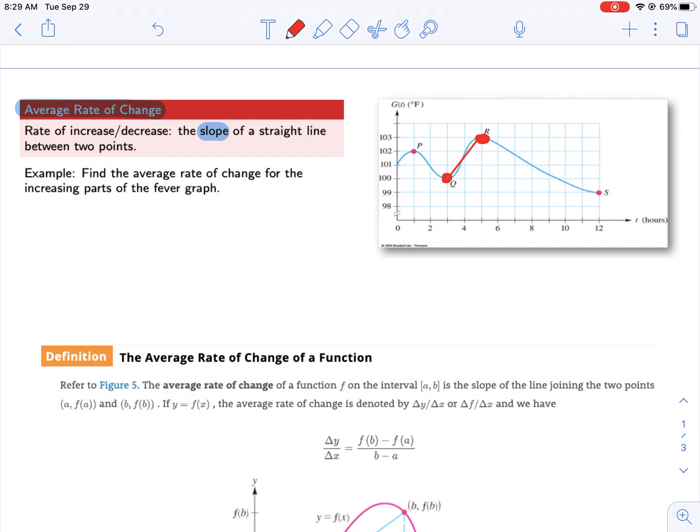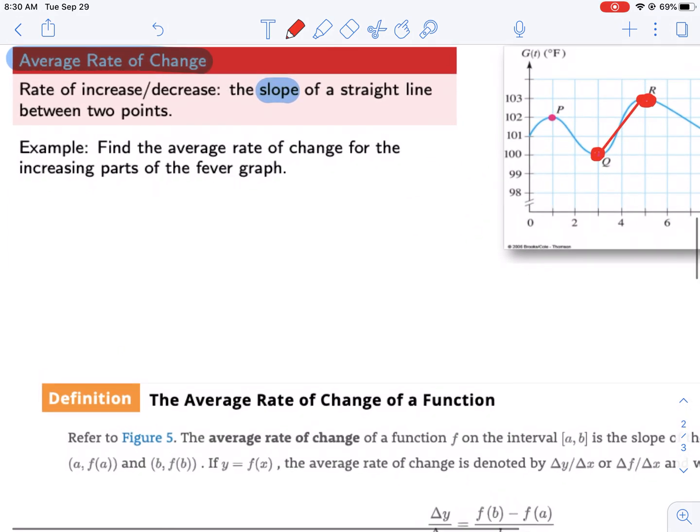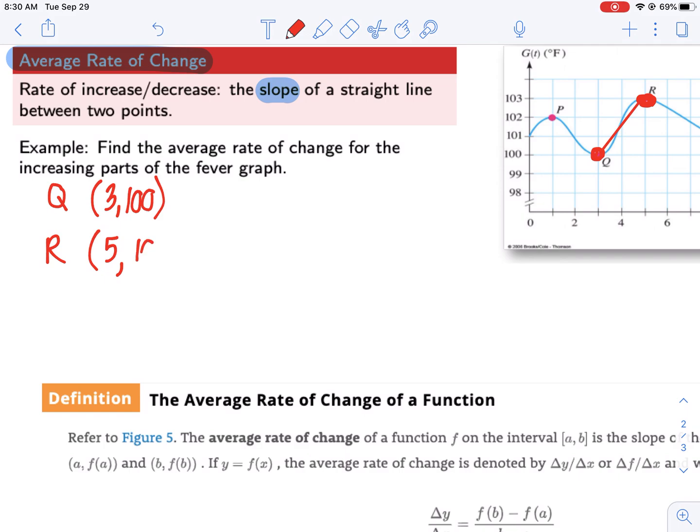Think of slope. Slope is y2 minus y1 over x2 minus x1. As long as I can find those coordinate points, I'll be able to find my slope. So let's look at this carefully. Point Q is the coordinate point 3, 100. Point R is the coordinate point 5, 103.